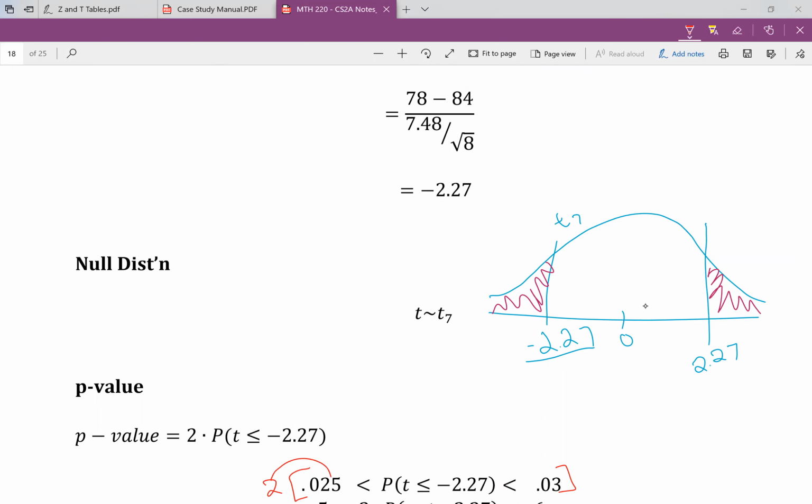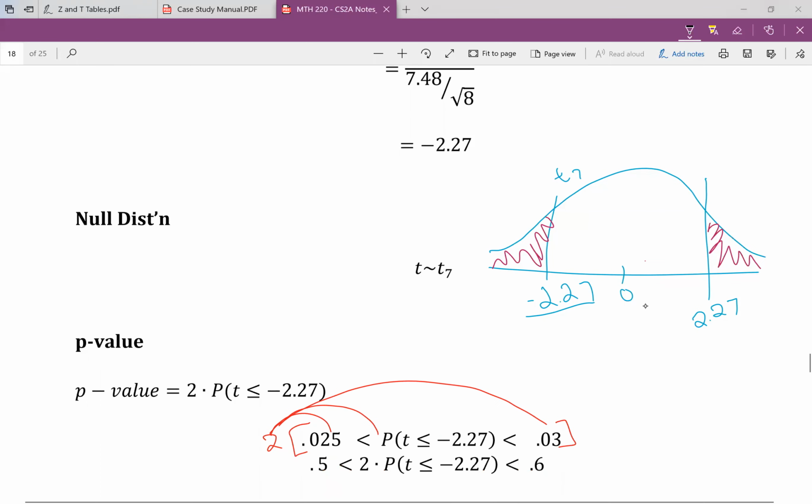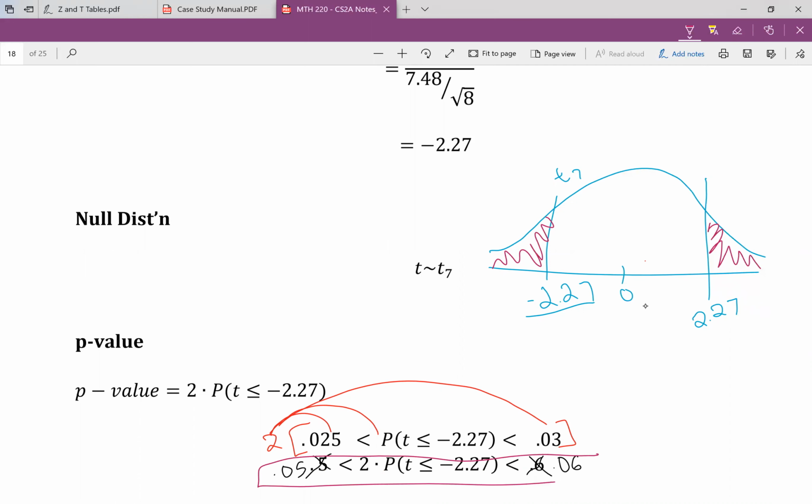So I'm going to double the 0.025. I'm going to put the multiplied by 2 in front of my p. I'm going to double the 0.03. And when you do that, I see I typed my numbers just a little bit wrong. It should be 0.05 and 0.06. That is going to be your final answer for your p-value.